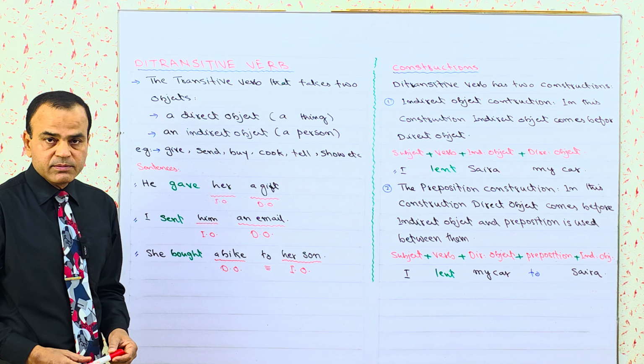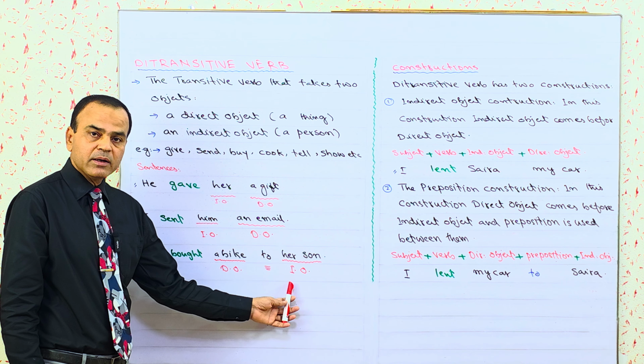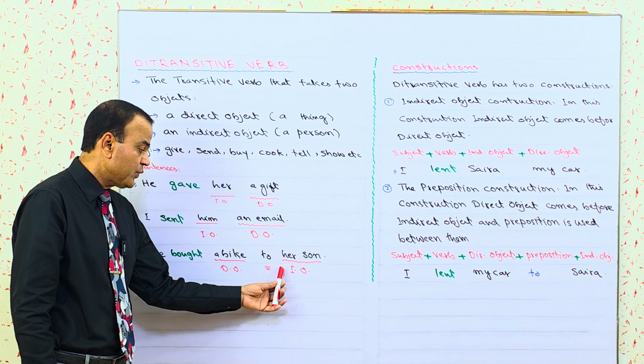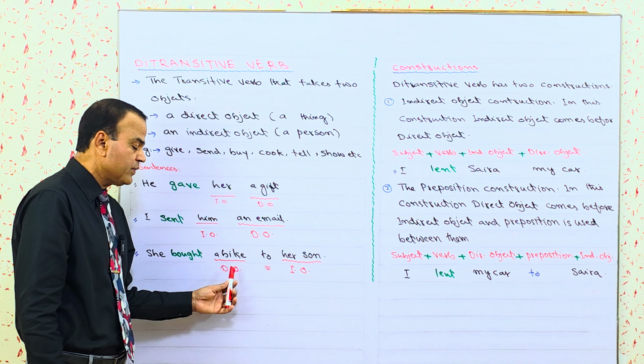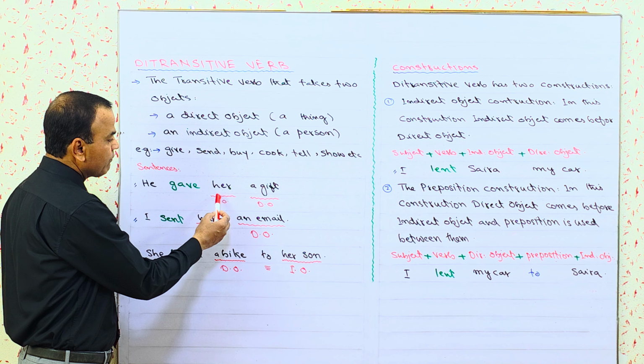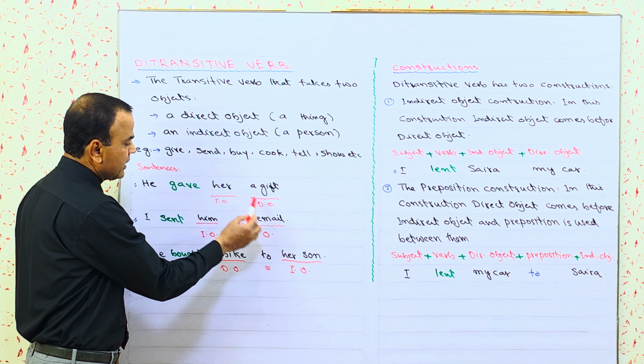So this is also possible, that you put the direct object first and the indirect object later, but what you have to do extra is that you have to put a preposition between the two objects. In these two examples, we have not used any preposition between the indirect object and direct object.